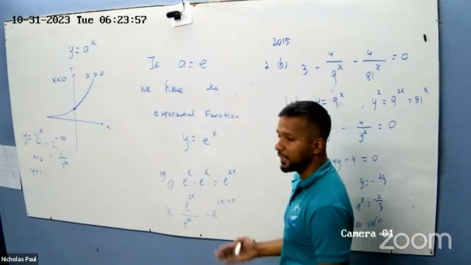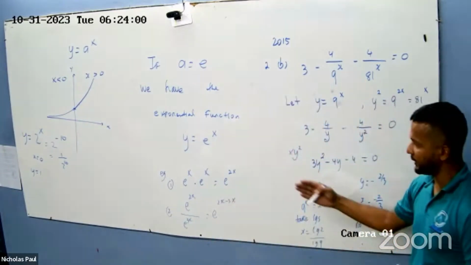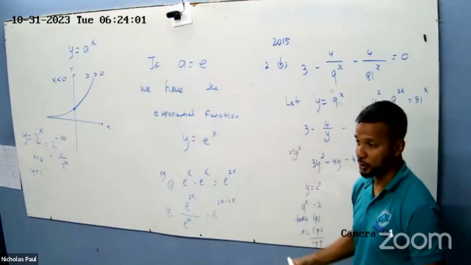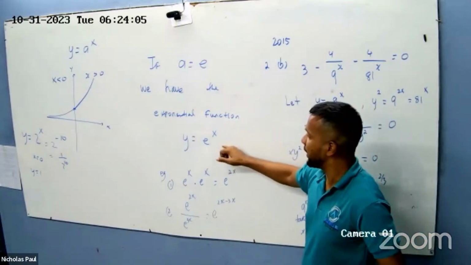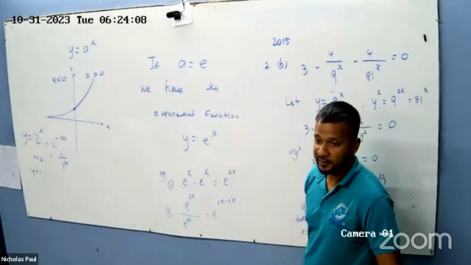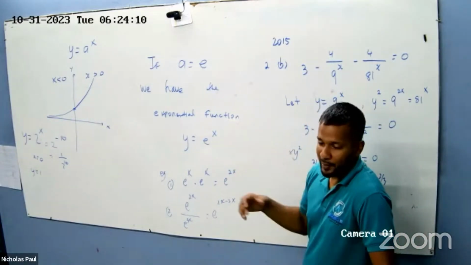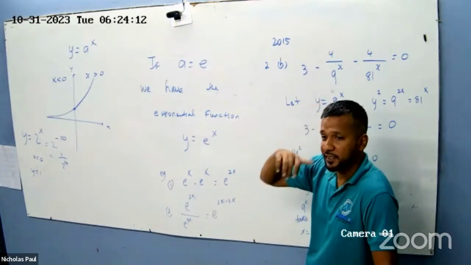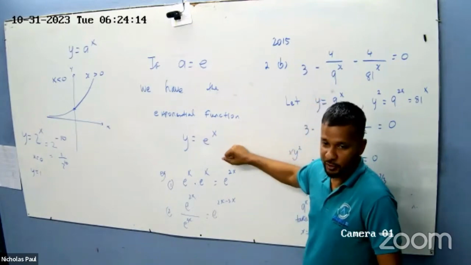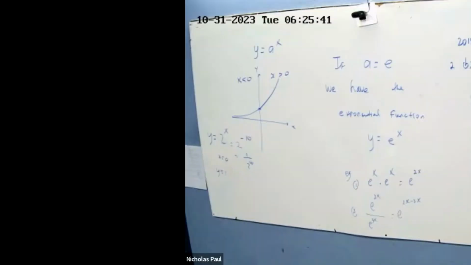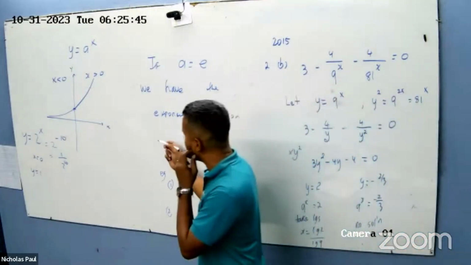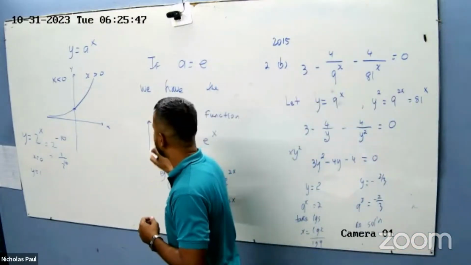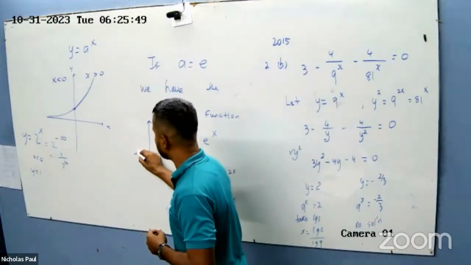So everything you do with indices, you can do with the exponential function. This is a special function because it could be applied to plenty of real life things, which I'll show you when you all start doing modeling questions. This is one of the functions that you could use to model something with.